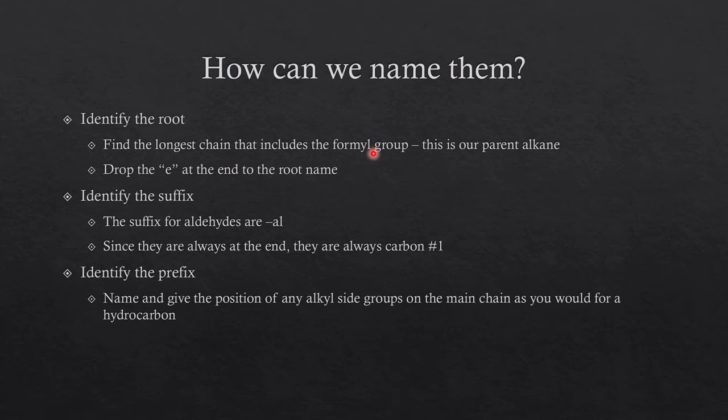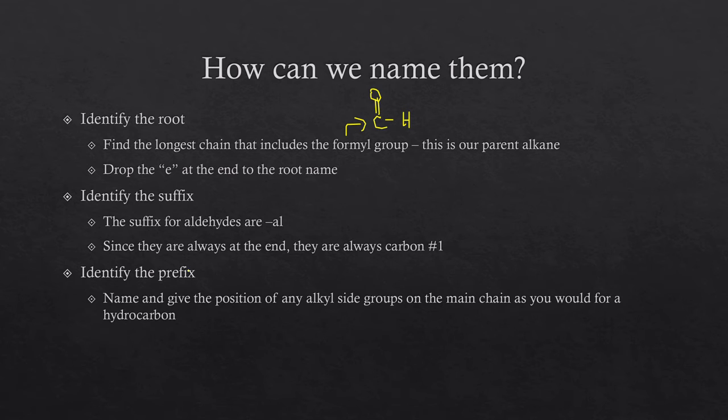A trick that we could use is we can drop the e at the end to find the root of our aldehyde. Then we need to find the suffix, and the suffix, much like how we saw in the example before, would be "al", which tells us that it's an aldehyde. And remember, the formyl group is a carbon that's double bonded to an oxygen and also attached to a hydrogen.